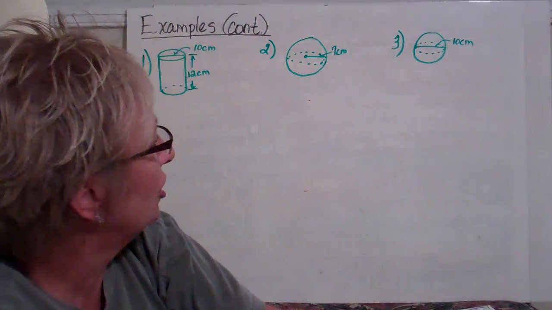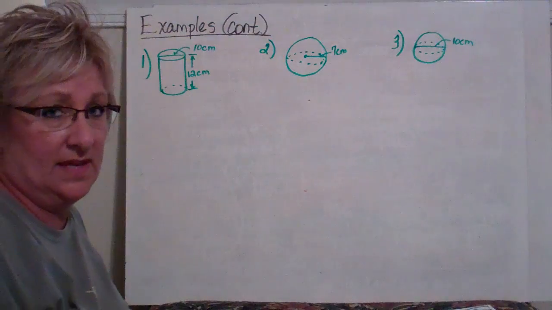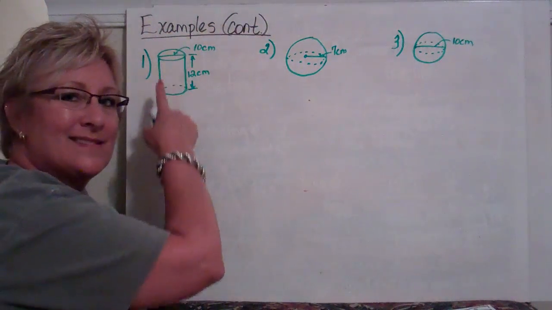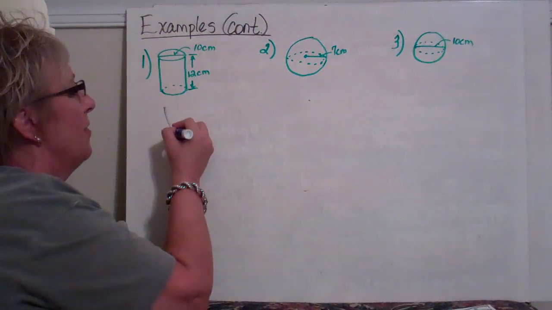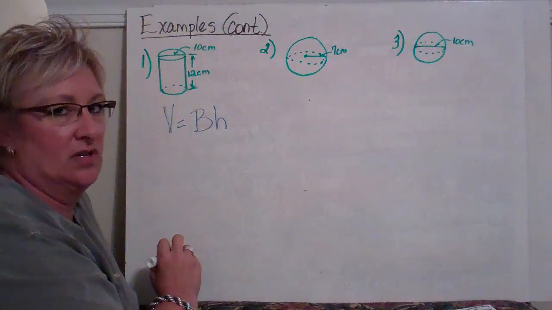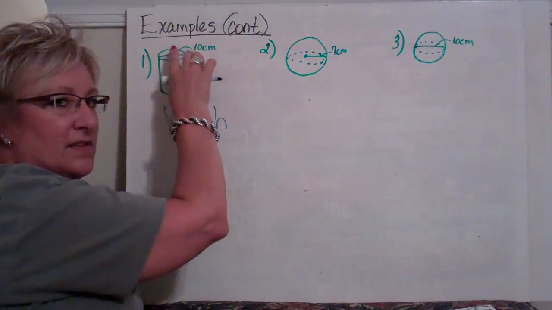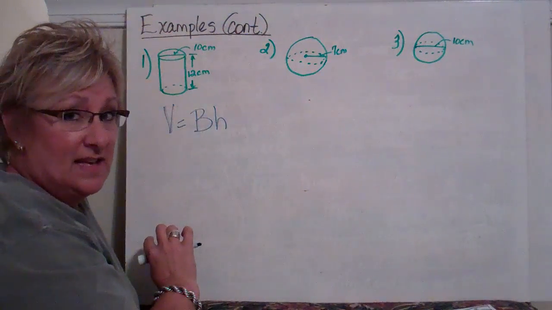Now let's take a look at a cylinder. And you've probably done one of these before, but be careful. This doesn't have a point, so my volume is going to be big B times H. That means I need to find the area of that circle.